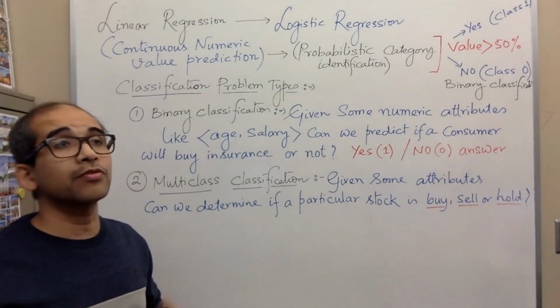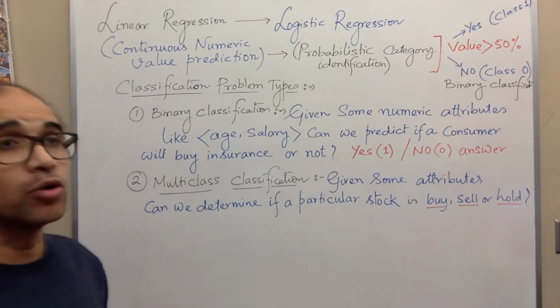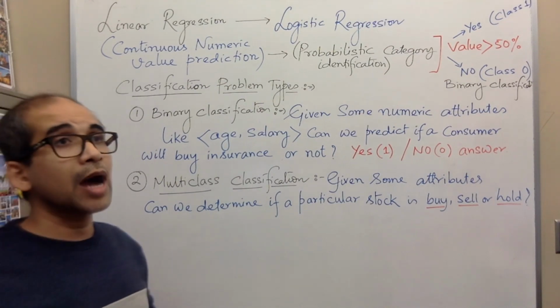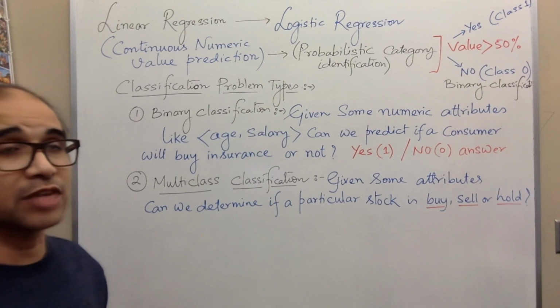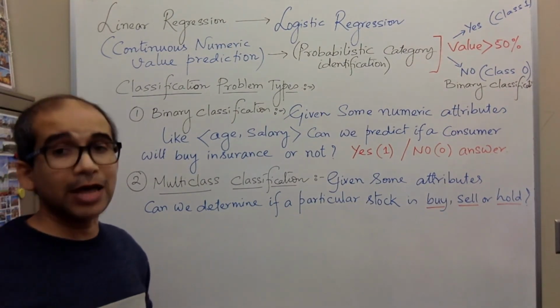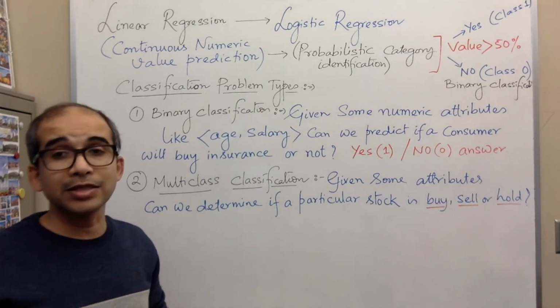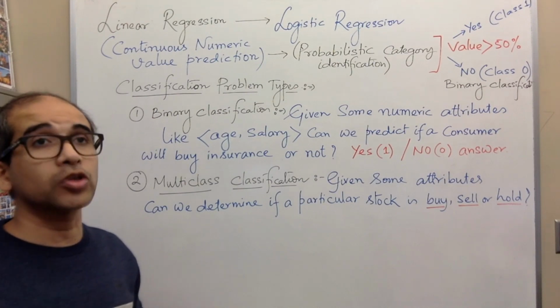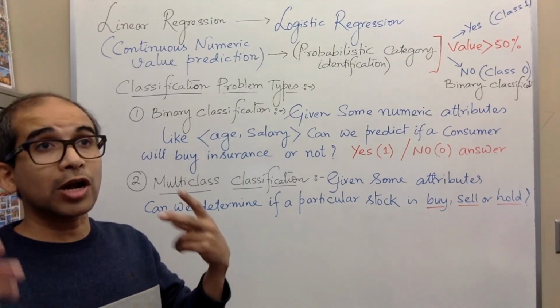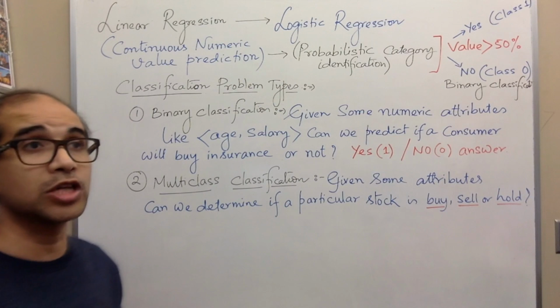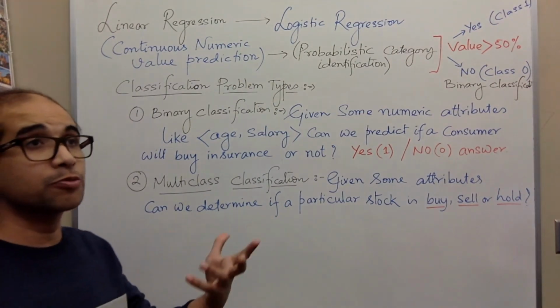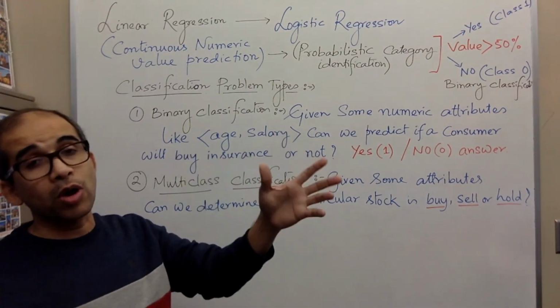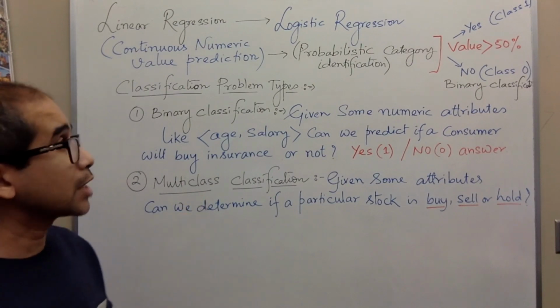If, let's say, for a particular variable the predicted value is higher than 50%, then we say it belongs to class 1. If the value is less than 50%, then we say it belongs to class 0. So it's not continuous value prediction. It's predicting classes, either 1 or 0.